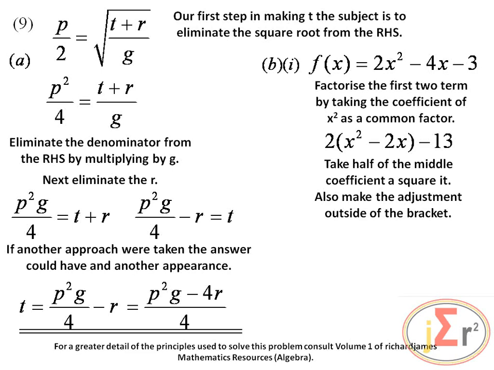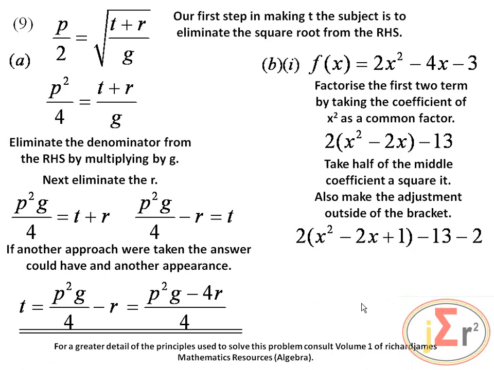So half of negative 2 is negative 1. When we square negative 1, we get a positive 1. That positive 1 will be included inside of the bracket right there. So we have x squared minus 2x plus 1.